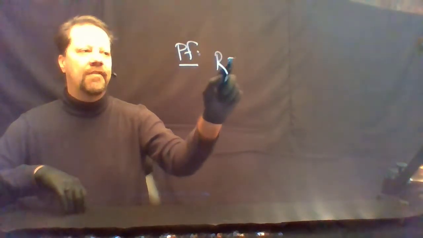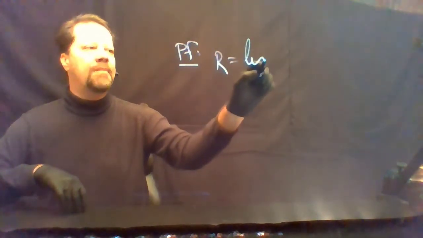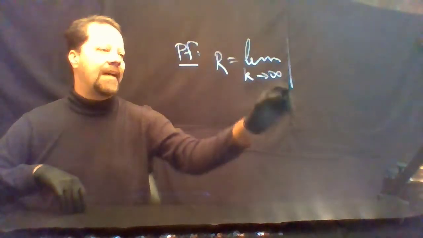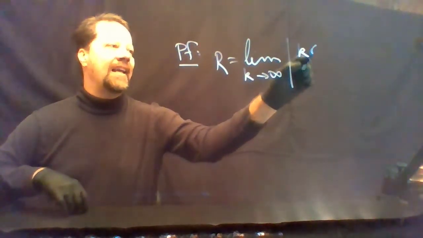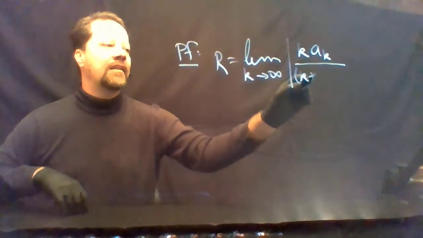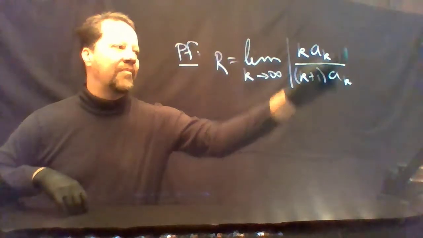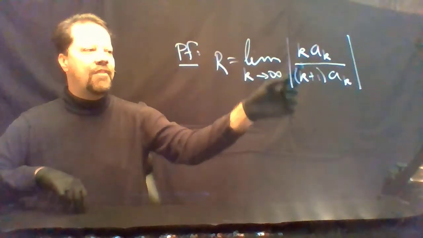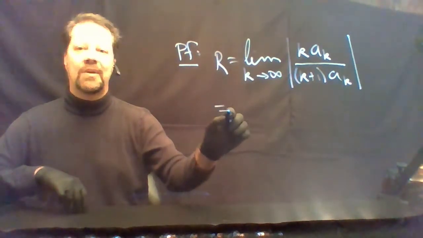The radius of convergence on the derivative series is the limit, as k goes to infinity, of the absolute value of k a sub k divided by k plus 1 a sub k. You can see that k over k plus 1 tends to 1.